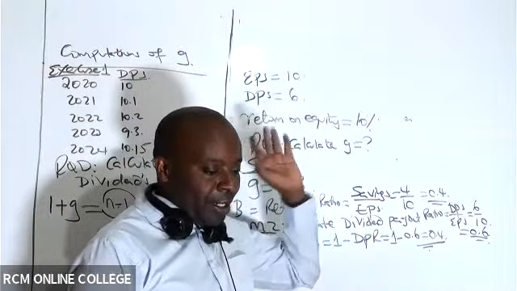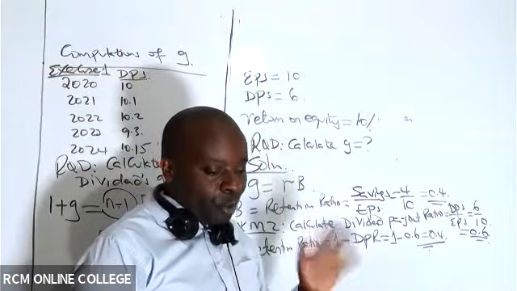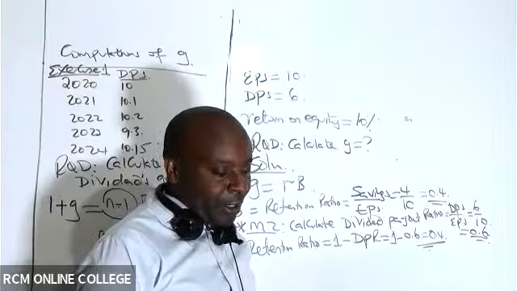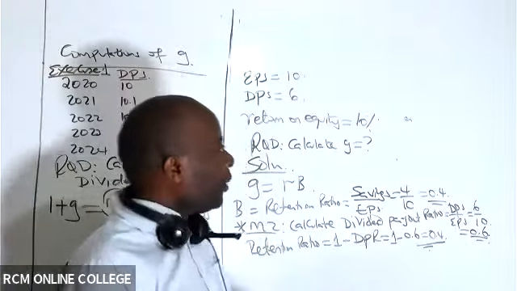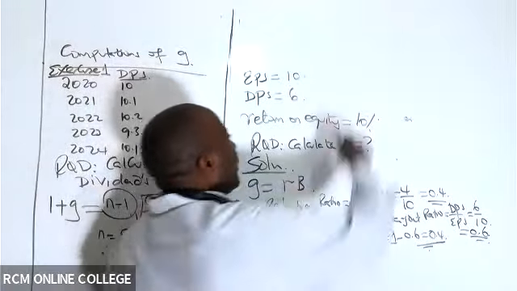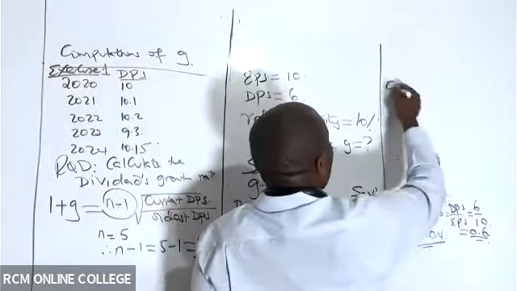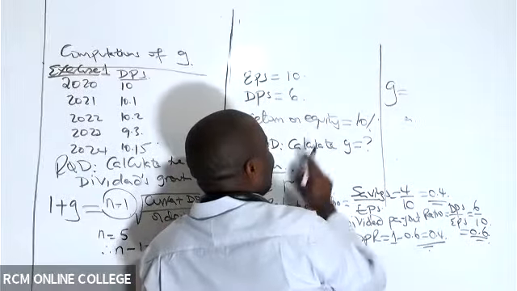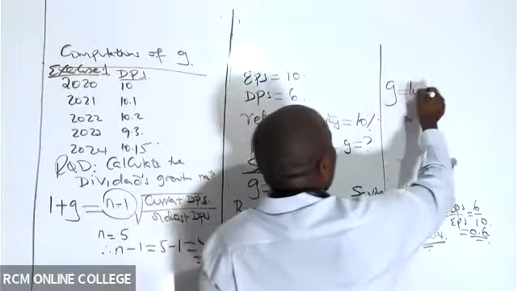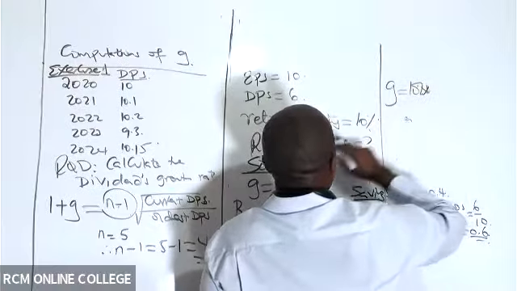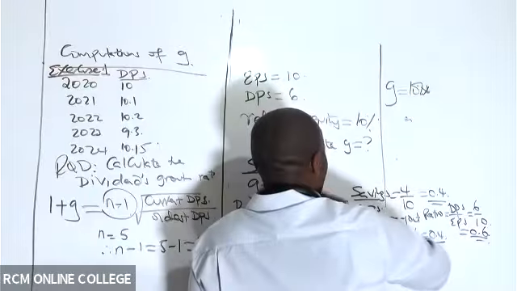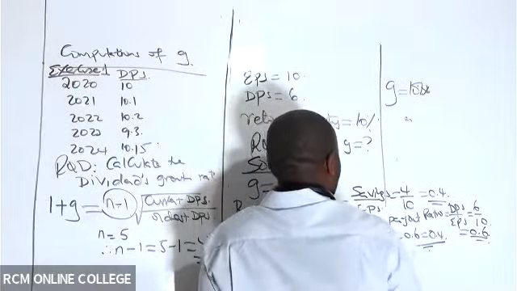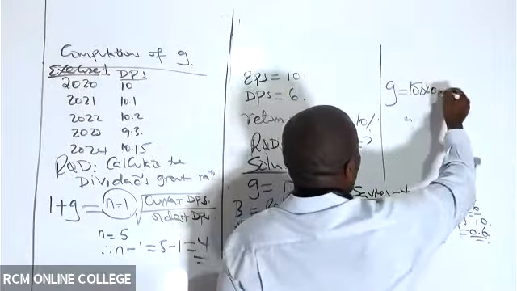So up to here, are we somehow together? Correct. And then from there, we have growth rate equals R times B. This is the return, which has been given to us, it is 10%, multiplied by our B. B, remember, is the retention ratio, which happens to be 0.4.